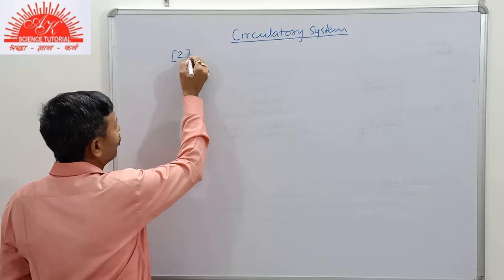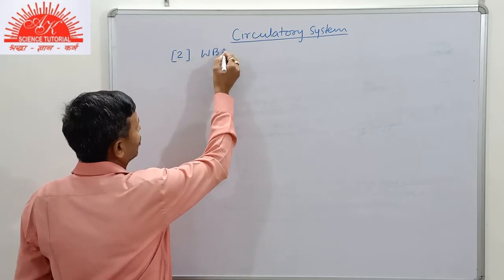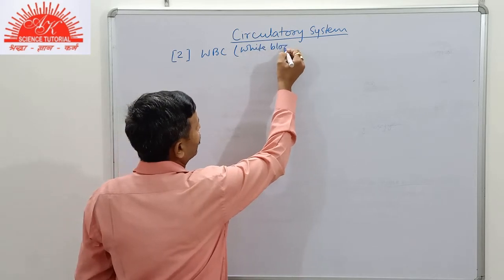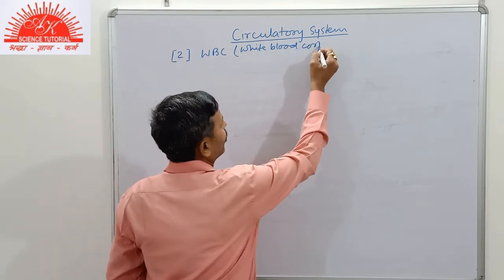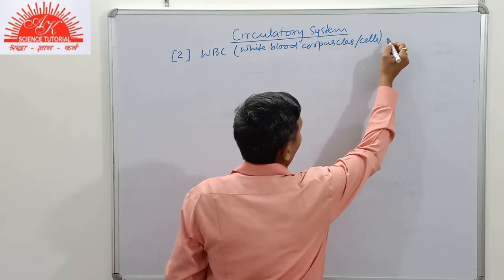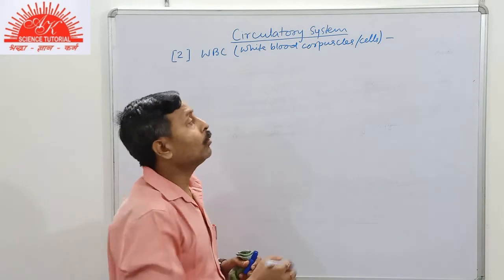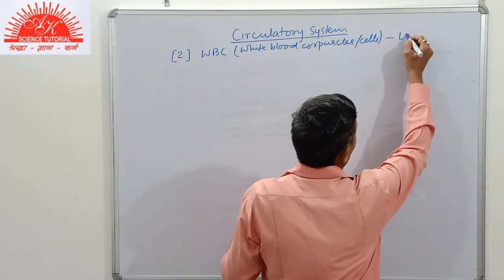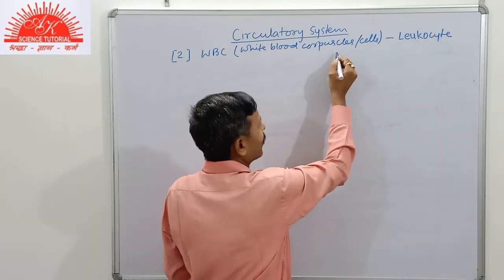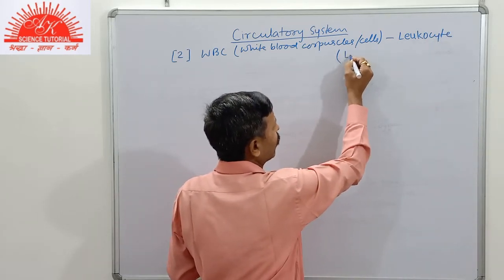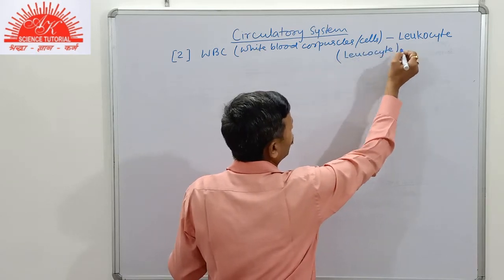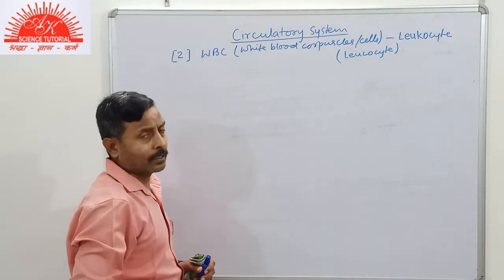So the second part is WBC, that is white blood corpuscles, or cells. It is also known as leukocyte. Students, at some places you will also find this spelling. This is also correct. So this is the leukocyte.